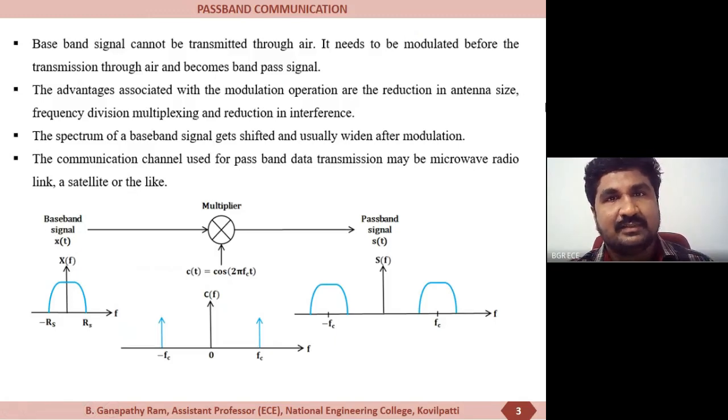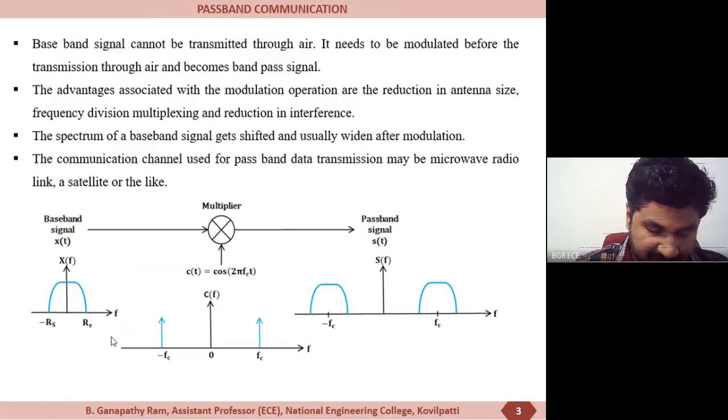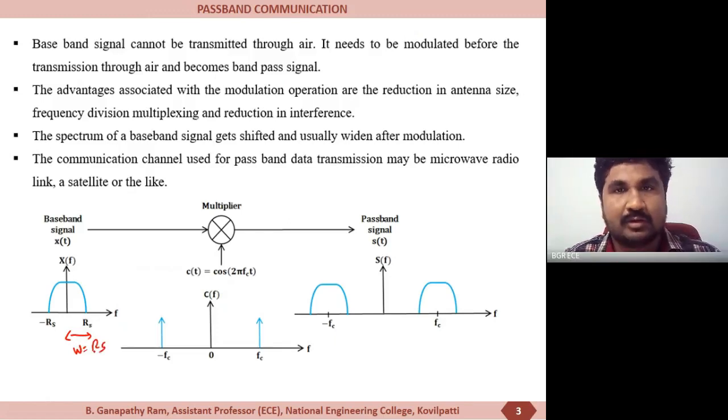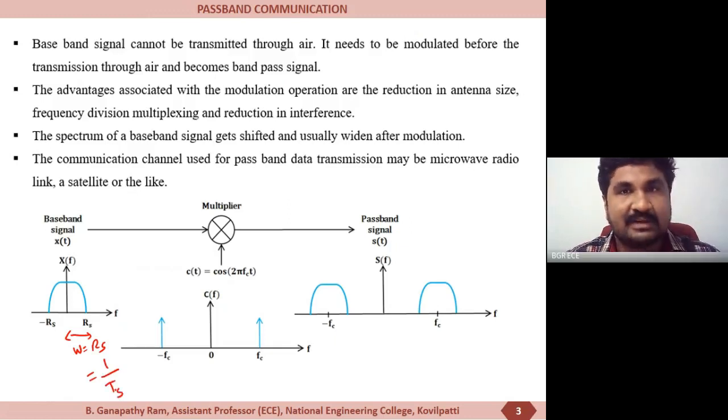And we know that the baseband signal cannot be transmitted through a wireless medium, or through air, because the baseband signal has a bandwidth equal to the data rate. Bandwidth is equal to Rs, and this Rs is nothing but the inverse of Ts, that is, 1 divided by the symbol time period.